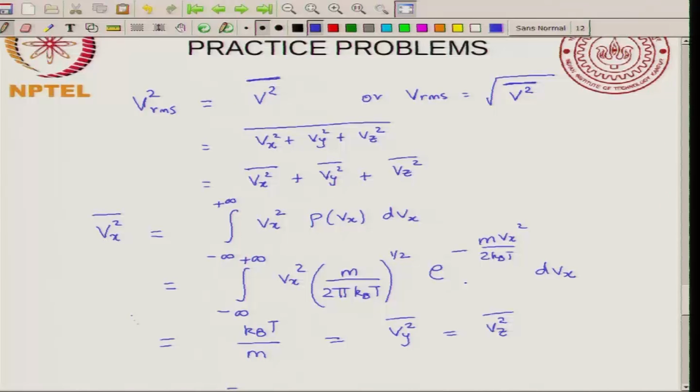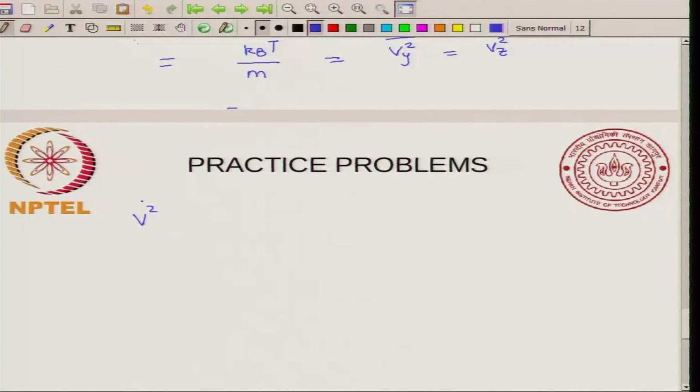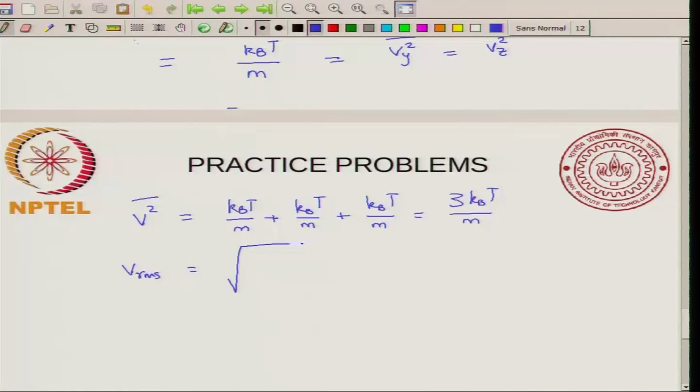Then you can write V square average as k b t by m plus k b t by m plus k b t by m, equal to 3 k b t by m. Or V r m s is equal to the square root of 3 k b t by m. So, this tells you what V r m s is.